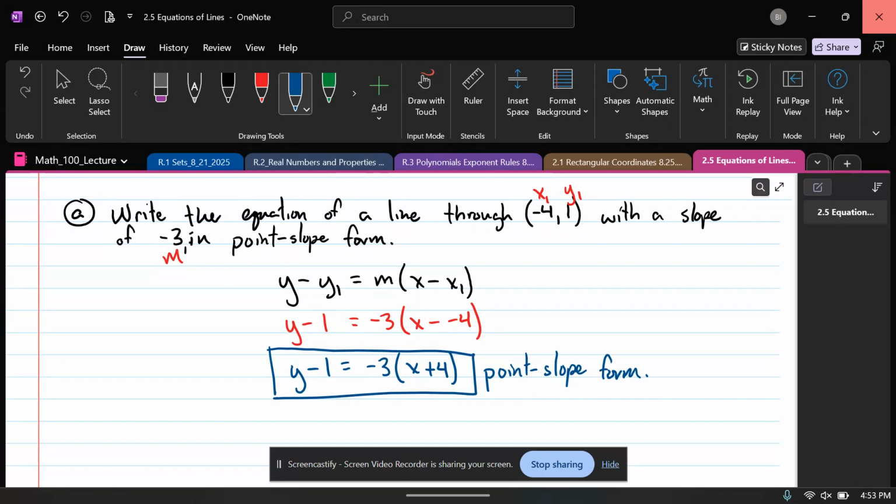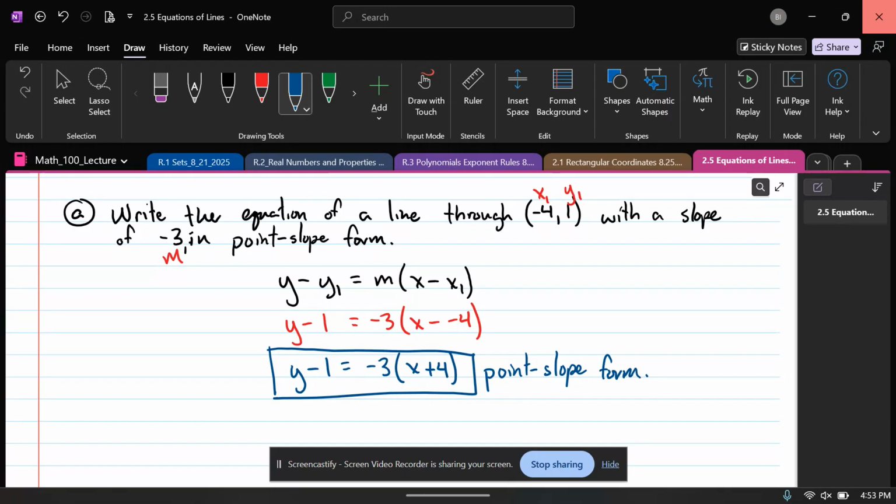I just got to simplify the double negatives. That's all I have to do to make it finished, if they ask for it in point-slope form. Sometimes they're going to ask for it in point-slope, sometimes in slope-intercept. Sometimes they may ask for it in what's called standard form. Those are our three forms that we're going to talk about in this section.